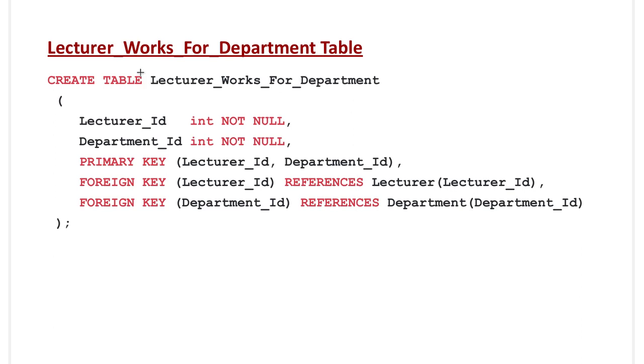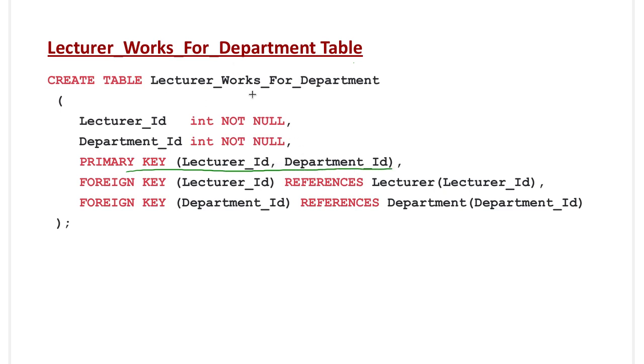and this table is lecturer works for department table, and this table is slightly different than the usual tables because here we are using a composite primary key. Primary key is lecturer ID and department ID.